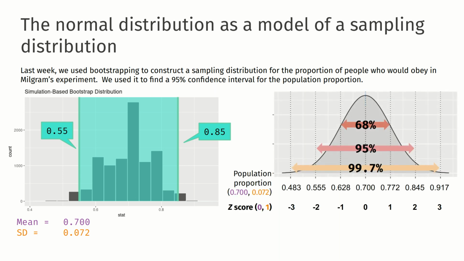And so if we were to use the normal distribution to model the shape of this sampling distribution, it would have to look something like this, where we've got 0.7, that's the mean, sitting right here in the middle, right here at the peak of that curve. And then each tick up or down goes 0.072 either below the mean here or above the mean here.